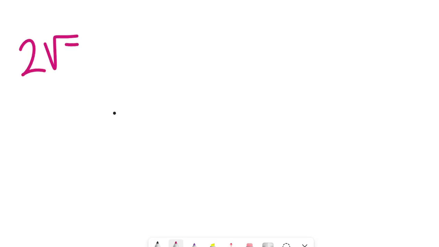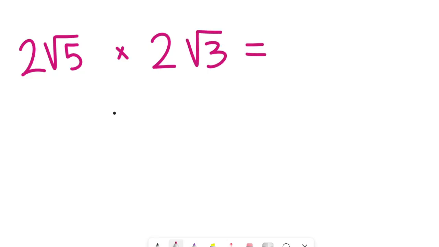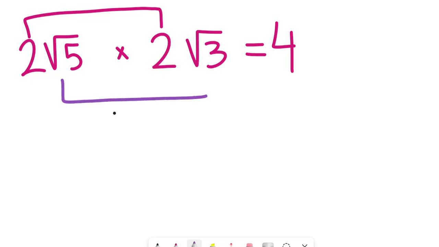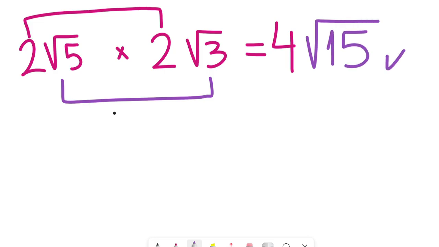What if we have, for example, 2 radical 5 multiplied by 2 radical 3? Okay, guys, we know here that we multiply number by number. 2 multiplied by 2 is 4. And then radical 5 multiplied by radical 3 is radical 15, because 5 multiplied by 3 is 15.